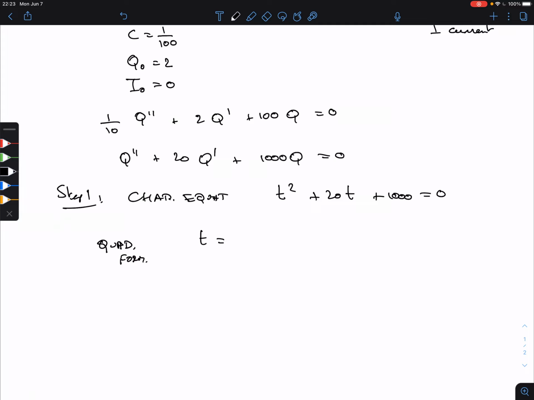T is equal to minus 20 plus or minus the square root of 20 squared, that is 400, minus 4 times 1000, so minus 4000, divided by 2. And we see already that we couldn't have factored it because the result is negative. The discriminant is negative.